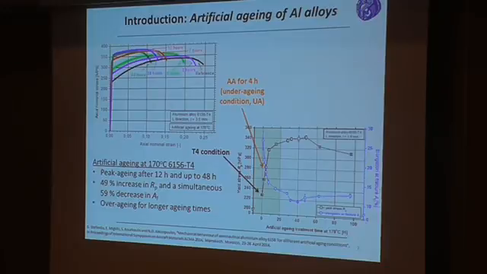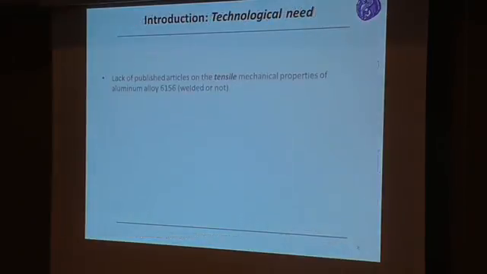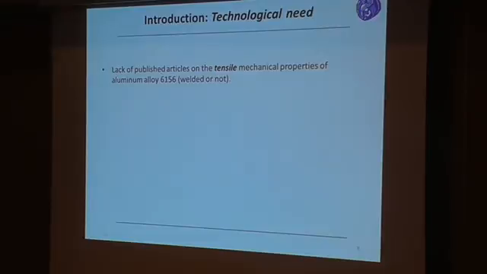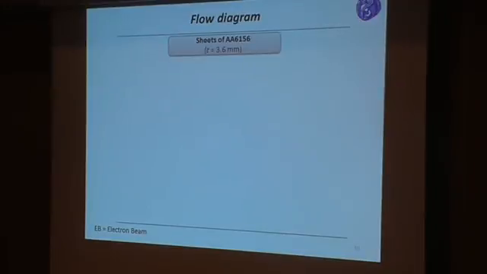For that reason, we chose 4 different conditions to investigate the welding capability of the material. The technological need was the lack of published articles on the effect of artificial aging before and after the welding. For the experimental procedure, we have 3 different cases.